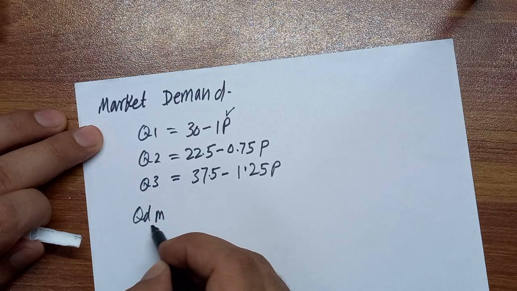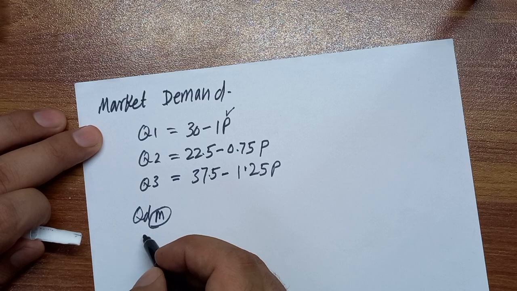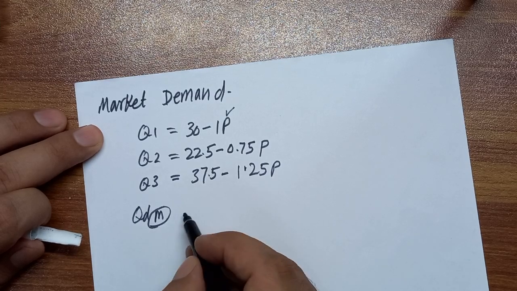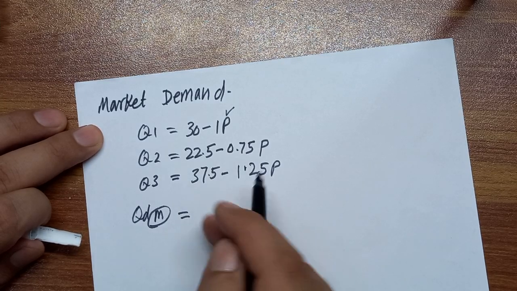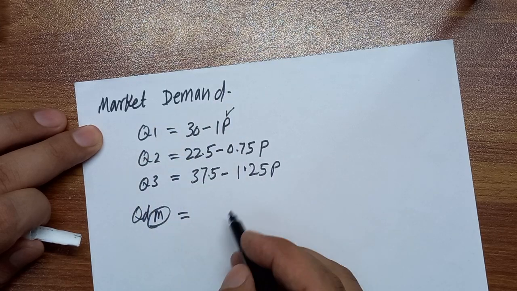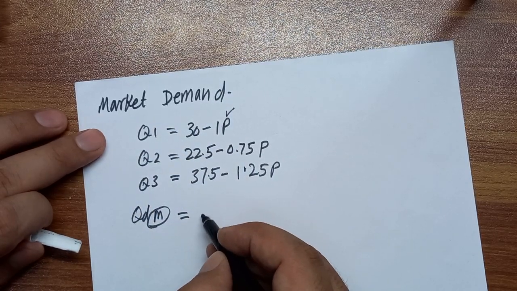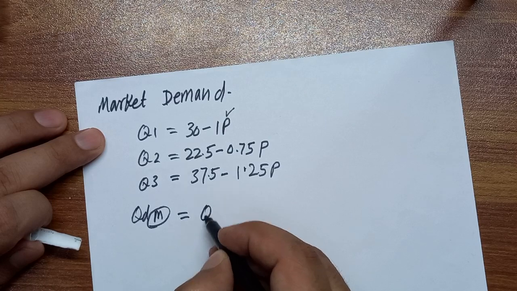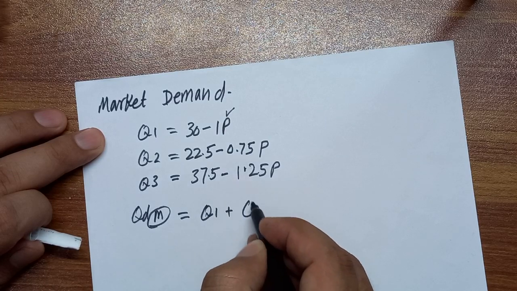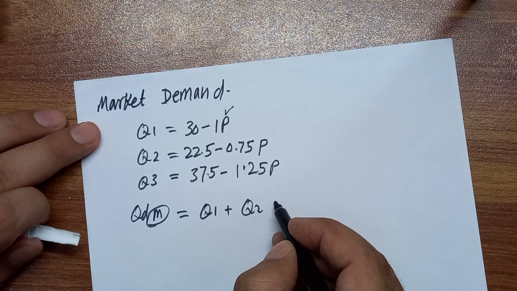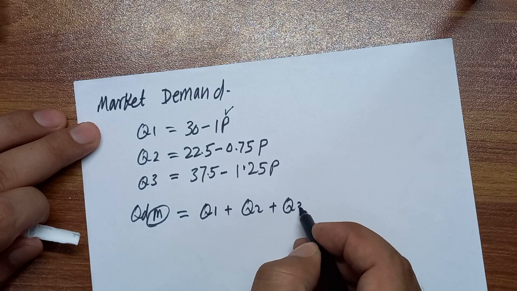So here we use M for market demand. Market demand is equal to the summation of all these quantities, for example, Q1 plus Q2 plus Q3.